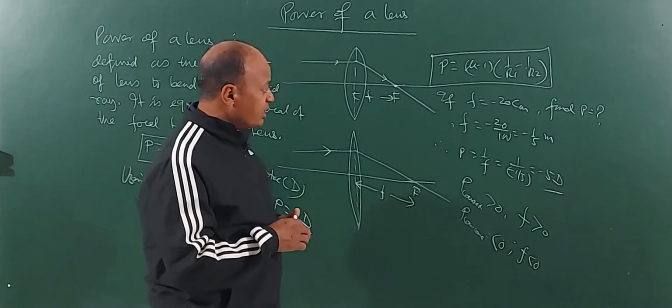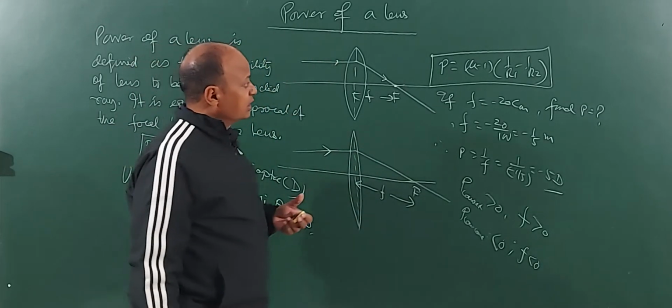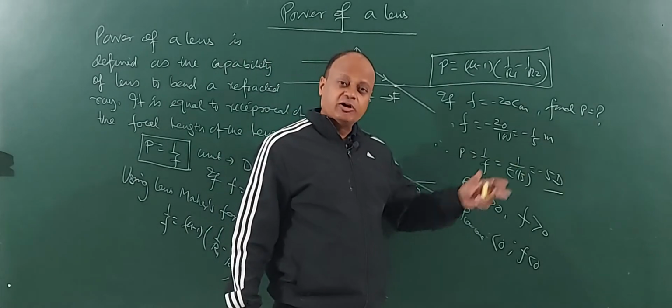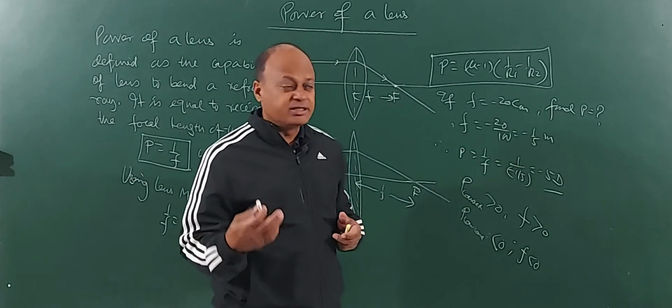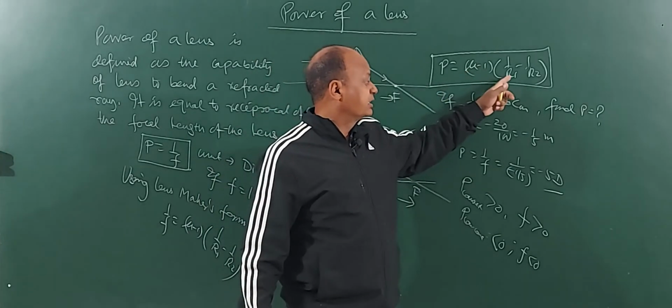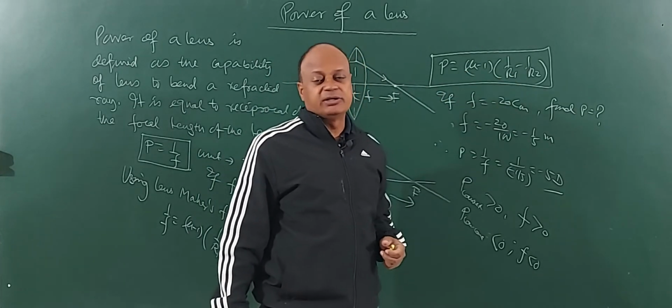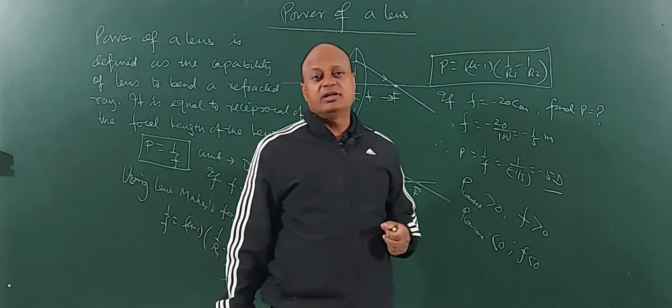Now, they will not give you the focal length all the time. They can give you other parameters, like mu, R1 and R2, and they can ask you what will be the power of the lens.